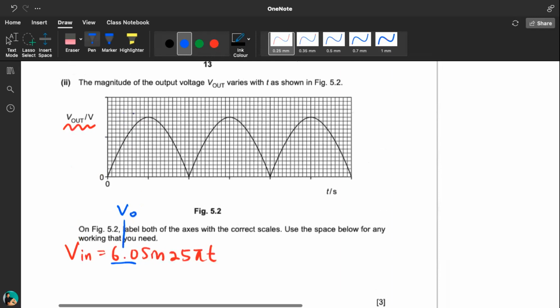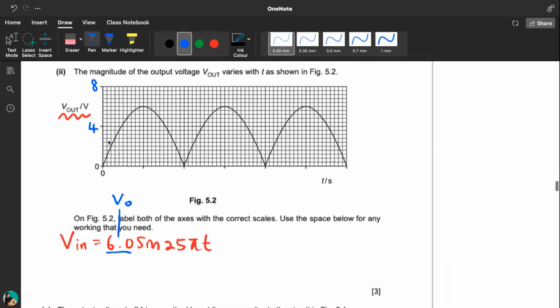So you're going to put in scale here, right? This is 6. So what scale are we going to use? This should be 0, 2, 4, 6, 8. Okay, so we're going to label 4, 8.